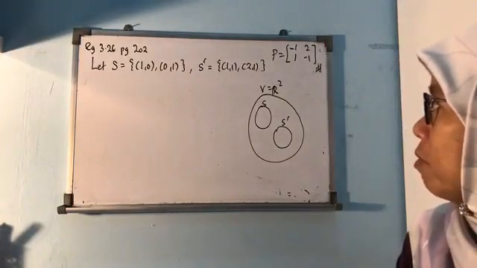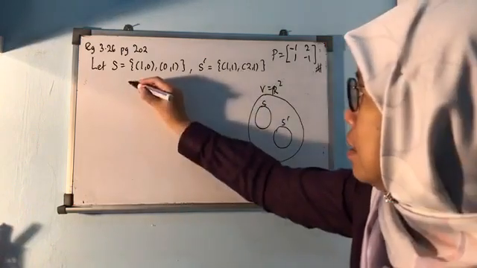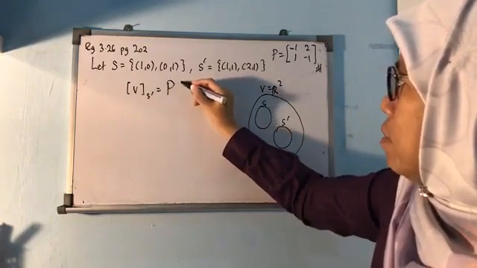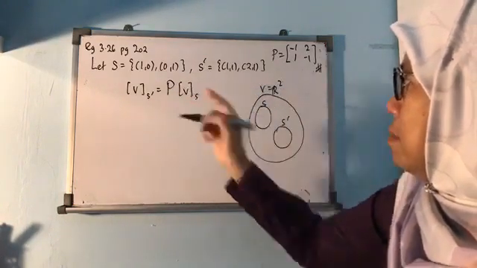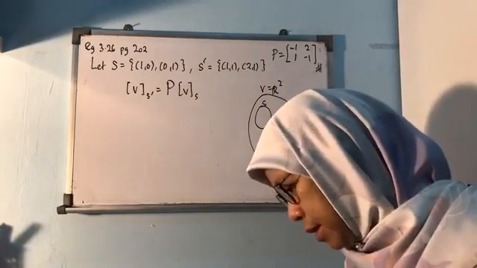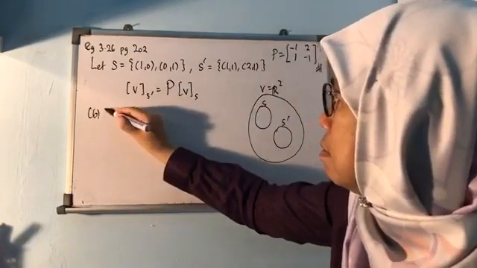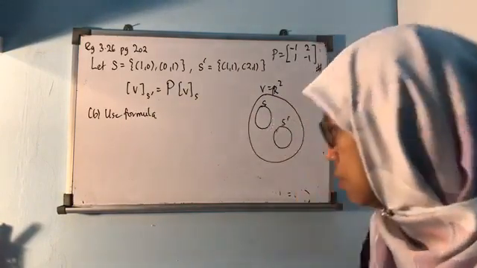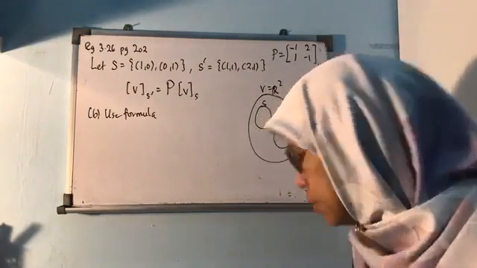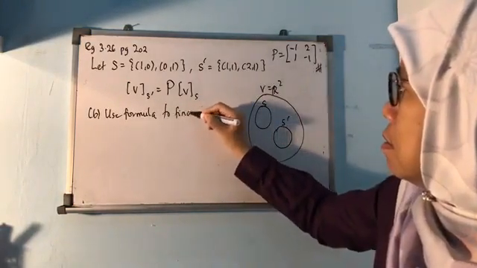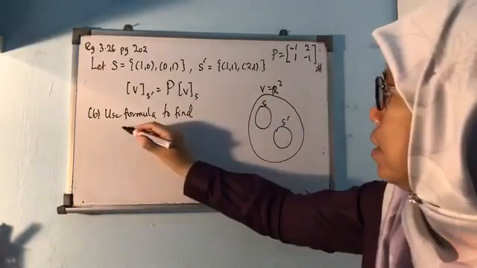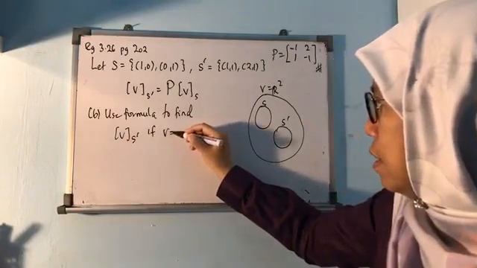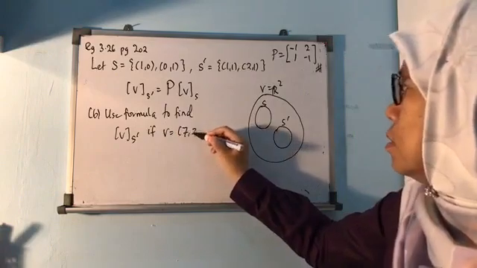And this says that you can change from one basis to another by multiplying with P. Use the formula of this to find Vs prime if V is 7, 2.